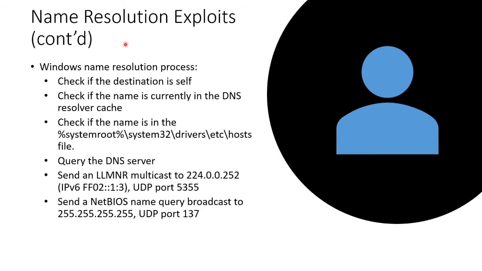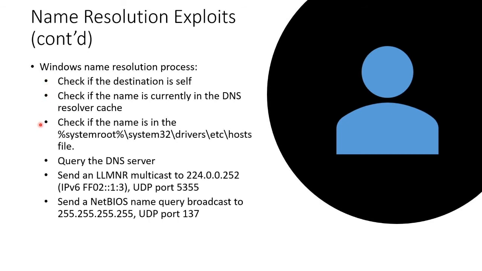So the Windows name resolution process: the very first thing is, if I need to look up an IP address, I know a name, I don't know the address. A Windows machine will first check to see if it itself is the destination. Then it will check to see if it has ever looked this up in its resolver cache.